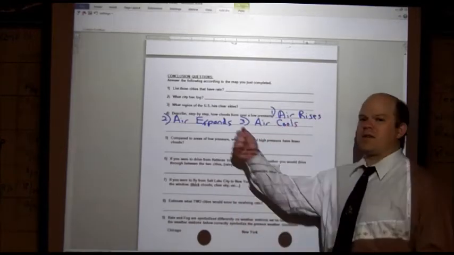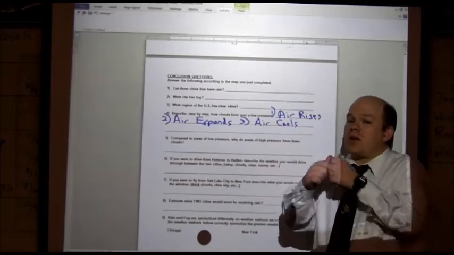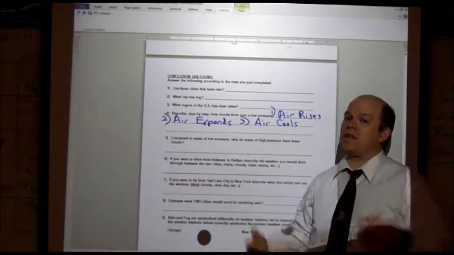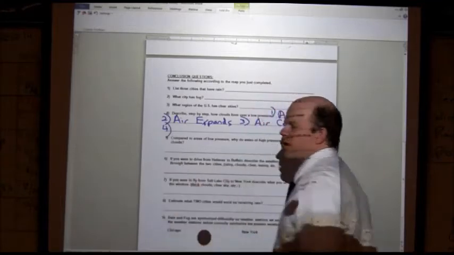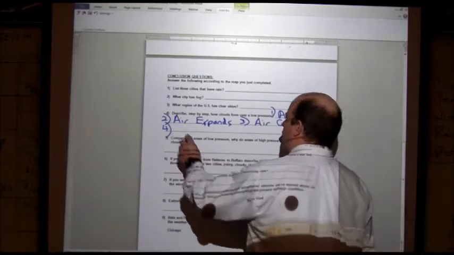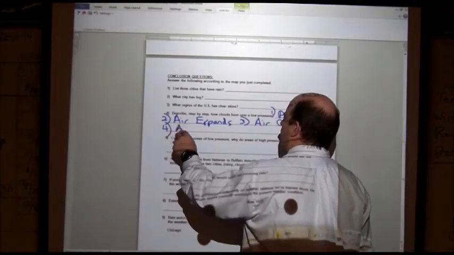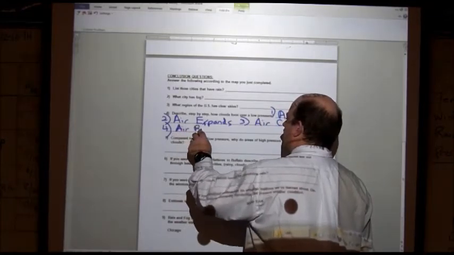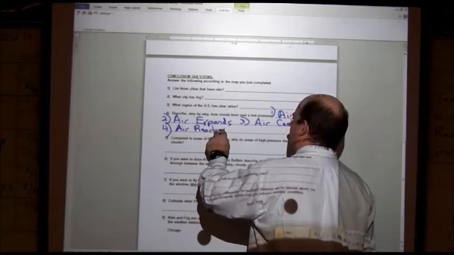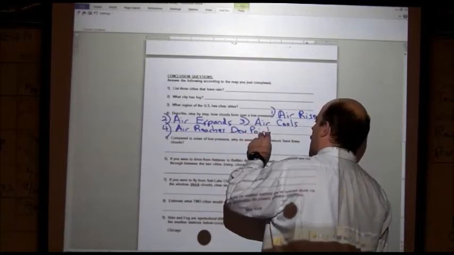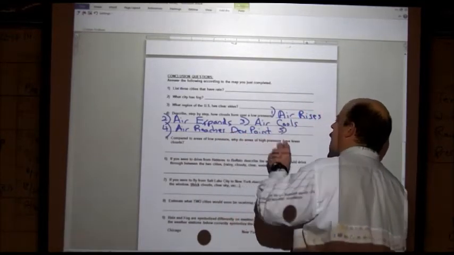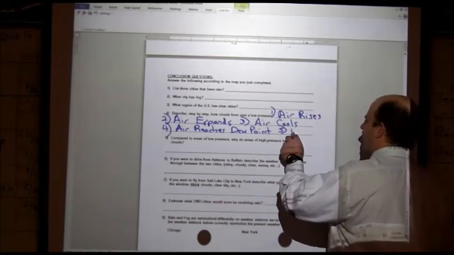So, air rises, air expands, gets cool because there's an expansion. Less molecules means it's going to be cooler. Okay? 4, after the air expands, the air reaches the dew point. And last but not least, 5, water vapor condenses.